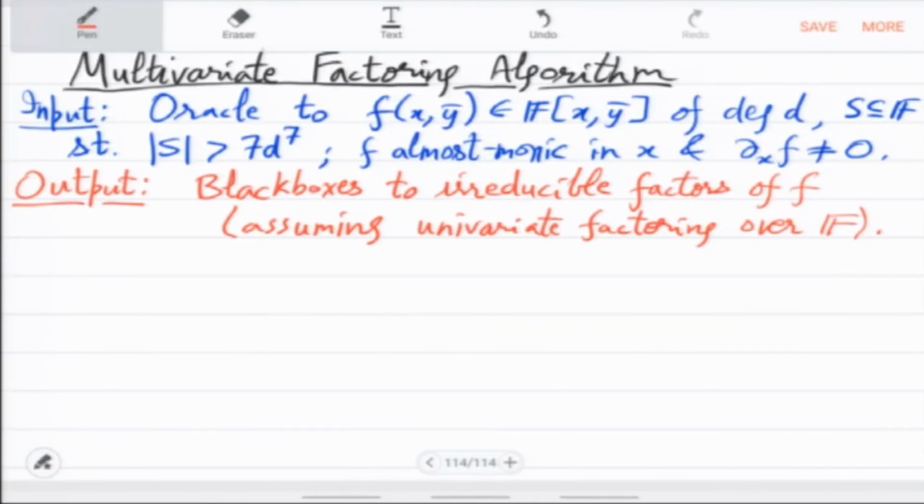But this algorithm is the way to factor multivariates at the black box level, working with black boxes, as long as you can factor univariates.